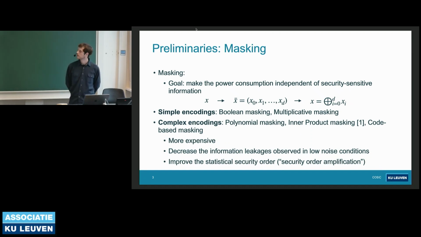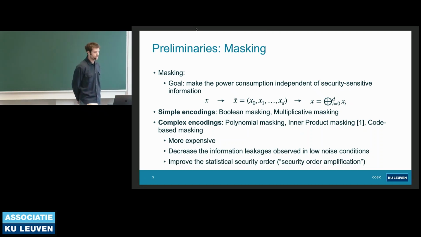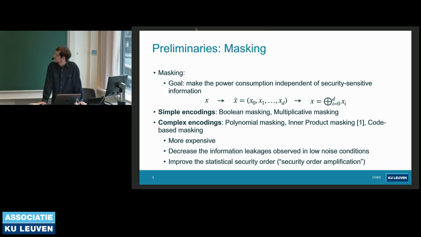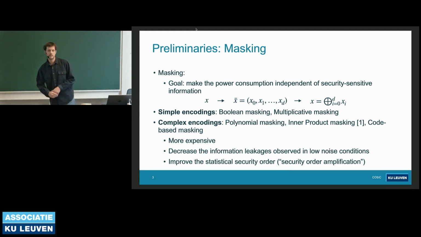There exist many different kinds of masking. You have Boolean masking, but then you have what we call more complex masking types. This can be polynomial masking, inner product masking, and code-based masking. They are more complex in the sense that they use a more complex encoding function, so they have some overhead, just because the masked gadget is now more complex, but they have some benefits.